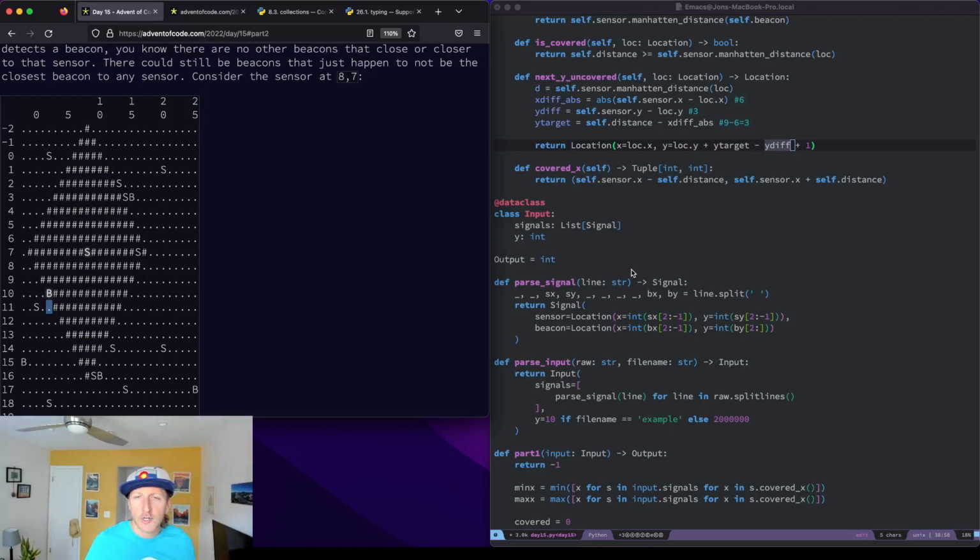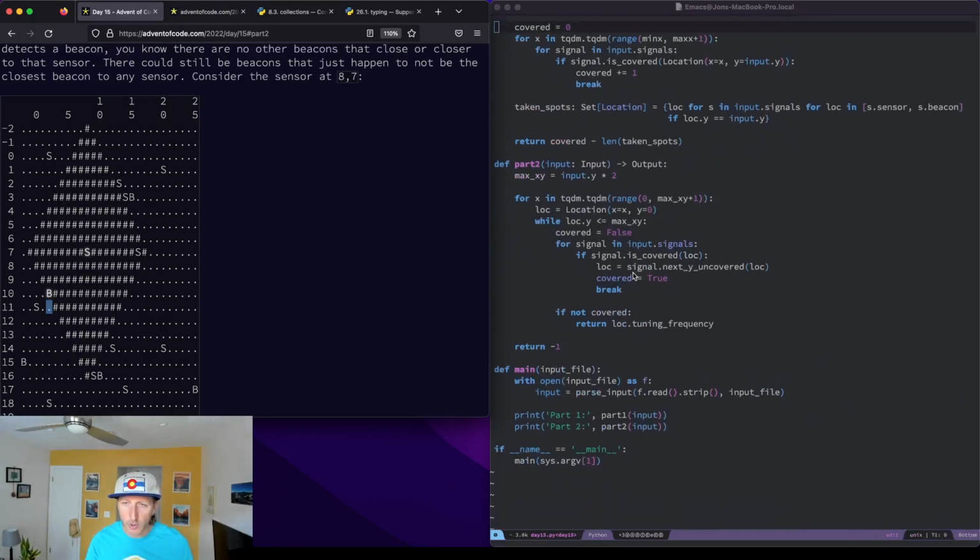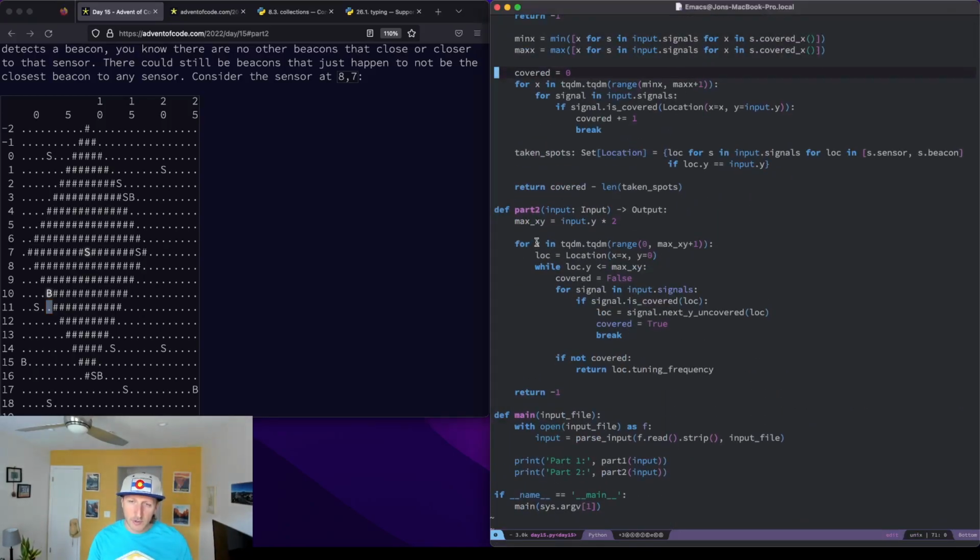I wonder what else we're doing wrong. So x is running through 0 to max xy in the 4 million by 4 million plus 1, and we are checking the location of y.